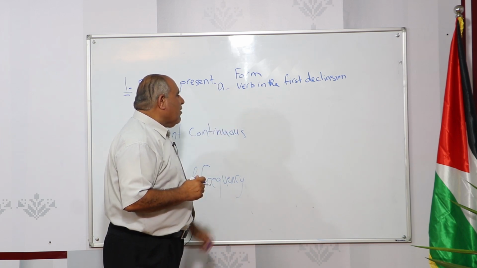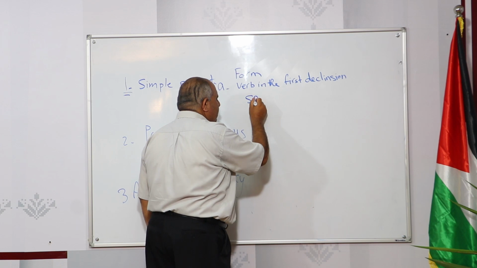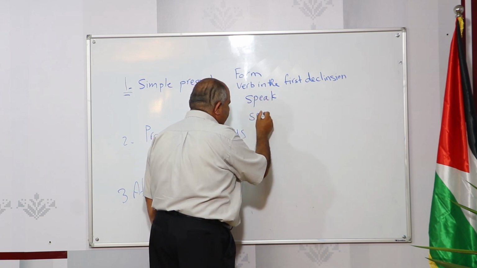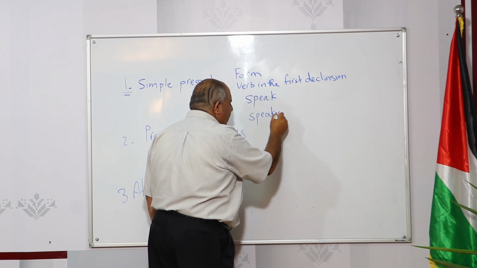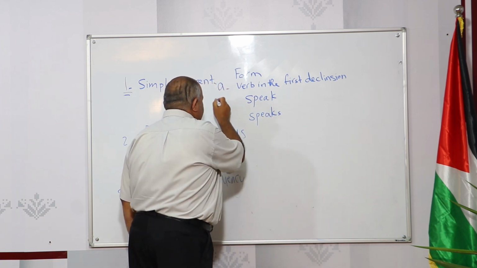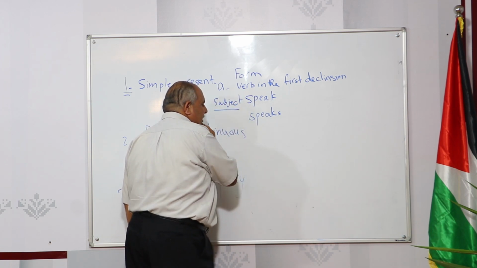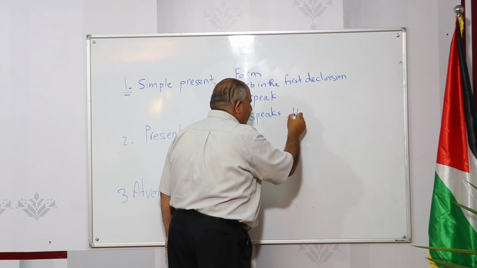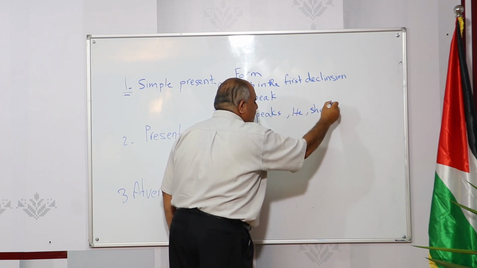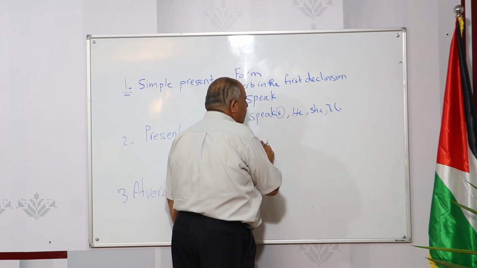Now this form of the verb can be like this, speak, or maybe speaks. This depends on one thing, which is the subject. If the subject is he, she, or it, we use speaks, with an s.